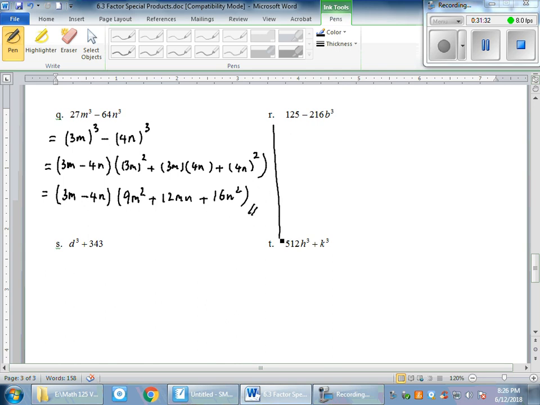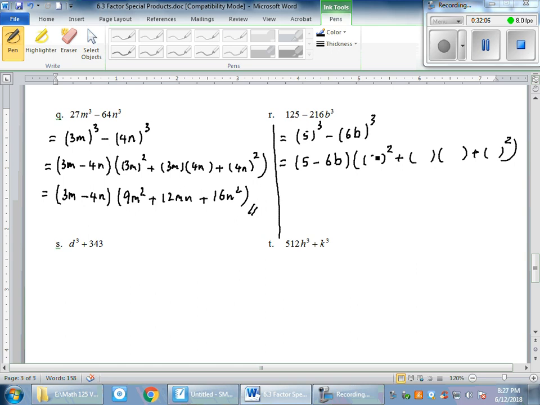Next example. 125 is a perfect cube number, which is 5 to the third power. And 216 is also a perfect cube number because 6 to the third power is 216. So this will become 6b to the third power. Using the formula, that will be first minus last, and writing the pattern, first square plus first times last plus last square.